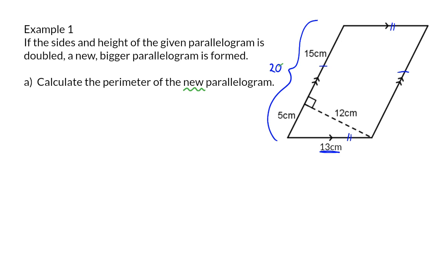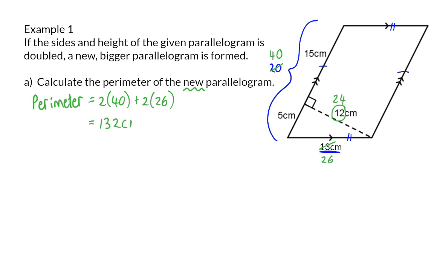So our 20 centimeters will now be 40, the 13 will become 26, and the height of 12 will now be 24. So for the perimeter of our new shape, we have 2 sides of 40 centimeters and 2 sides of 26. This will give us a perimeter of 132 centimeters.